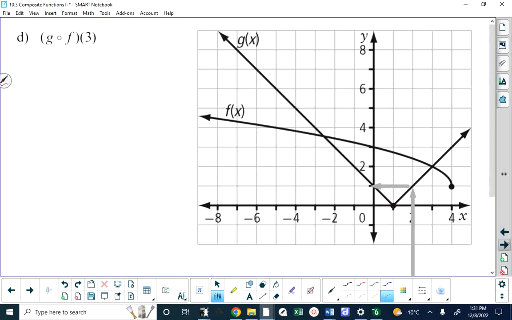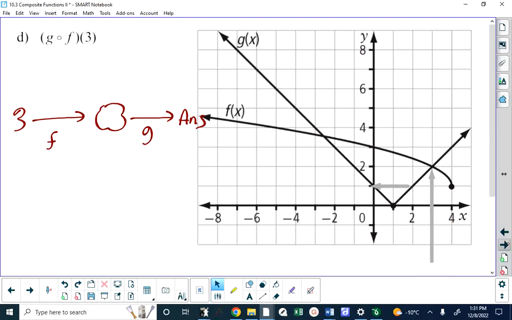g of f of 3. Okay, so this means 3 goes in through f. Whatever comes out goes through g, and this is the answer. So a number going in is an x-coordinate. 3 goes in. What comes out of f is 2. I mean, if you happen to read the wrong graph, it's still 2, but it's 2. This 2 comes out.